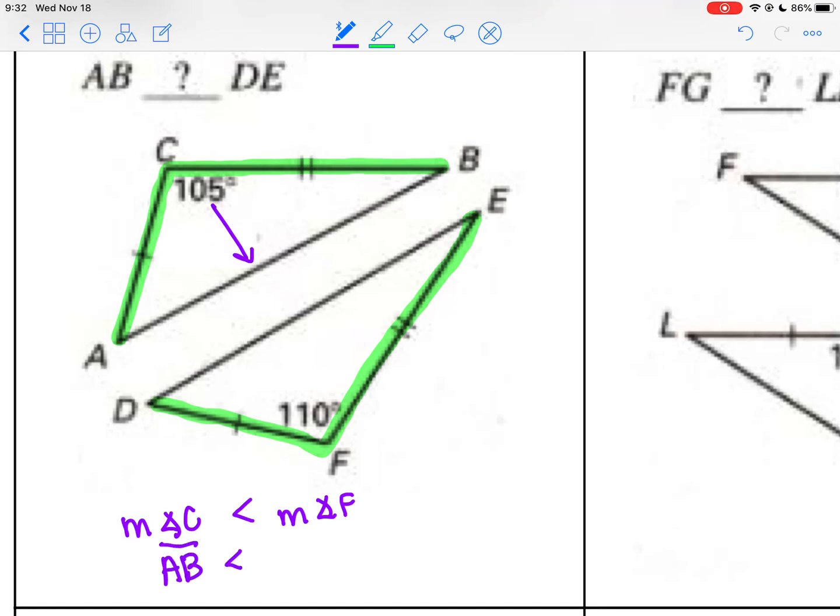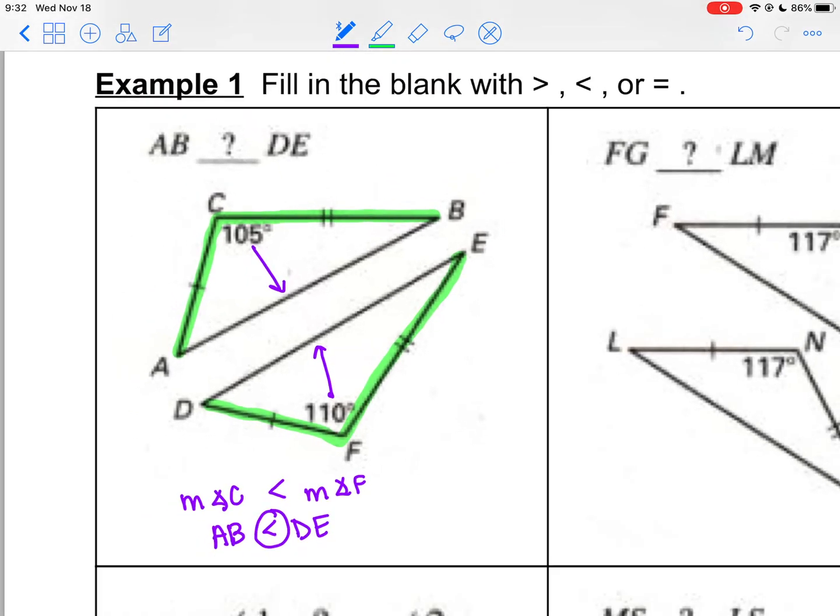The measure of segment AB is going to be less than the measure of segment DE. So because of the relationship between the angles, AB will be less than DE. Since the angle's smaller, that side's going to have to be a little bit shorter.